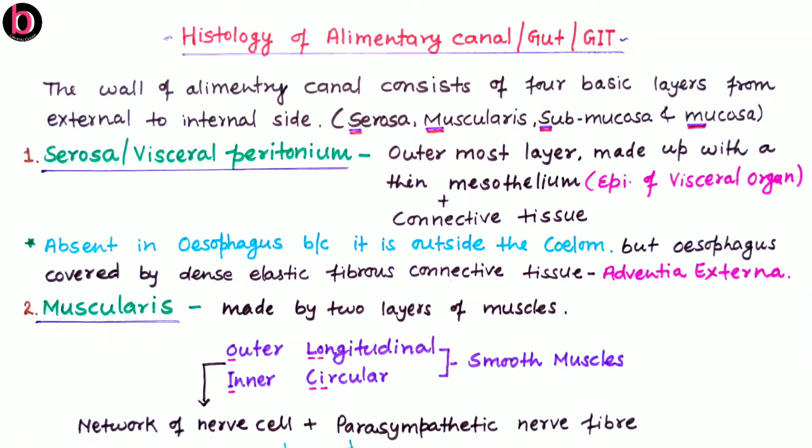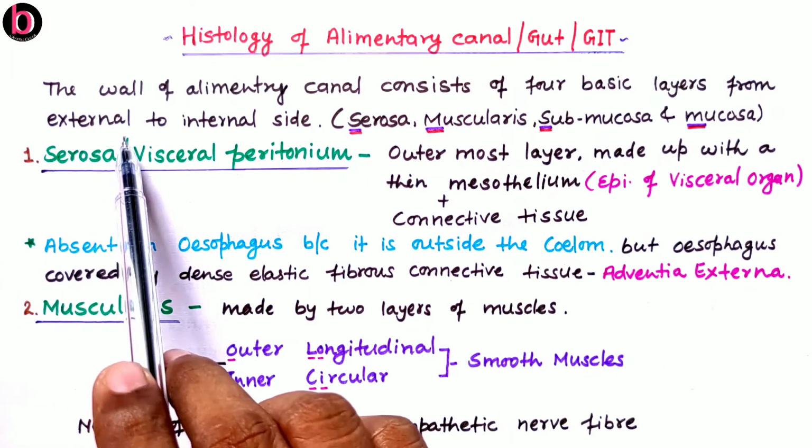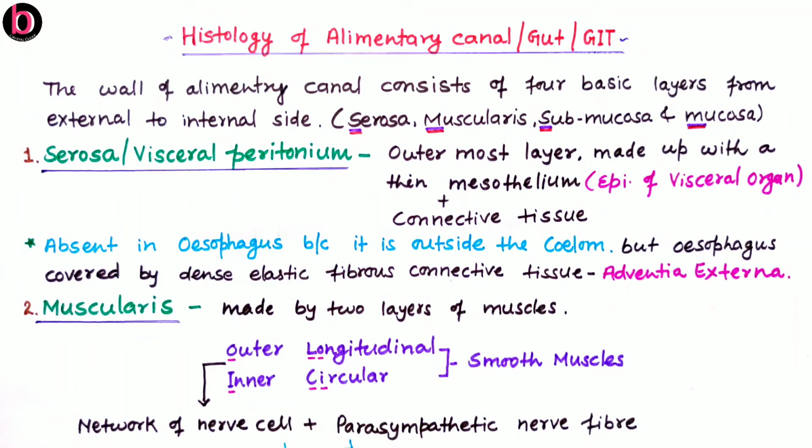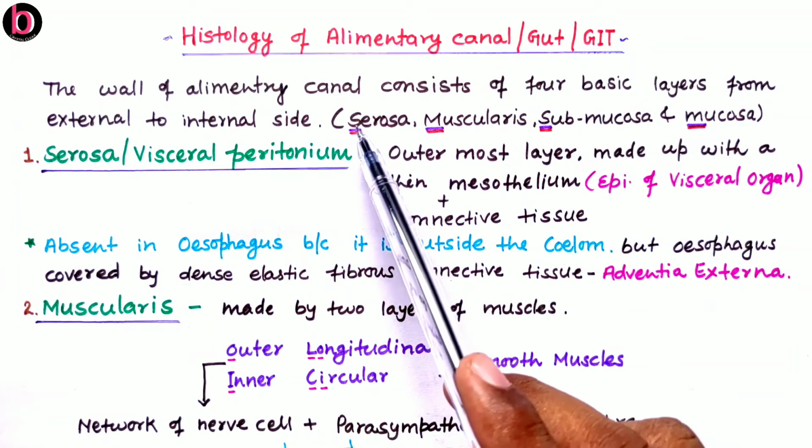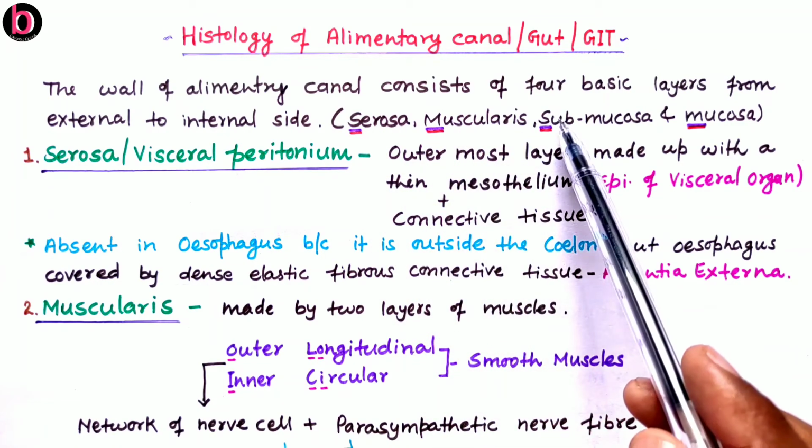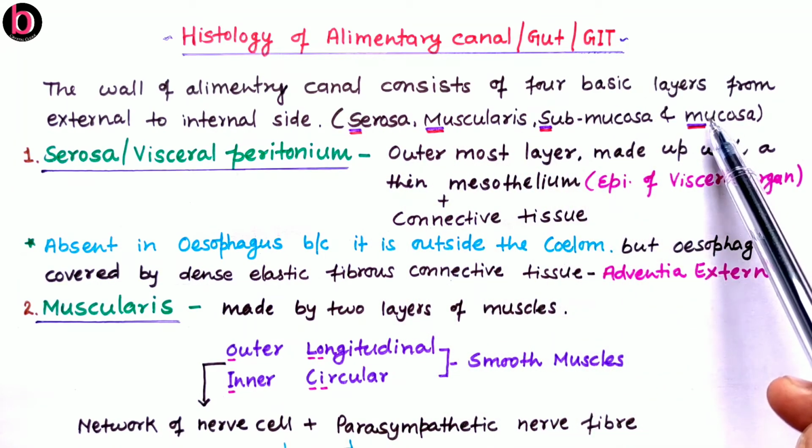What we discussed in the diagram is given again here about the histology of the alimentary canal, gut or gastrointestinal tract. As we discussed, the transverse section or TS of the alimentary canal carries four parts from external to internal side: serosa, muscularis, submucosa and mucosa.